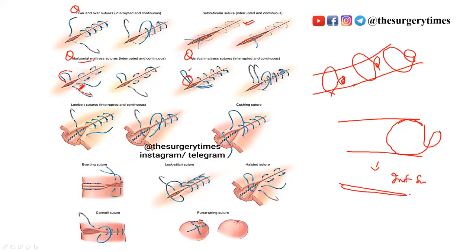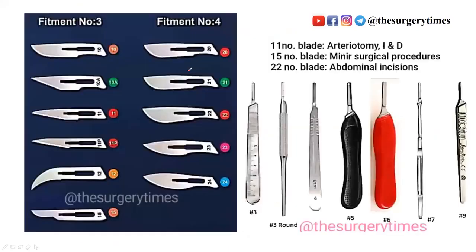Okay, now here there are BP blade and BP handle. Follow the red line, these are important. BP handle 3 and 4, Bard Parker handle. In 3, which number of blades can be attached here? 10, 10A, 11, 11P, 12 and 15.